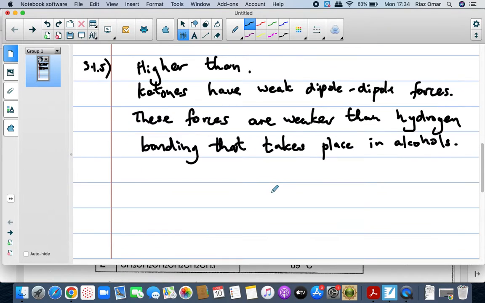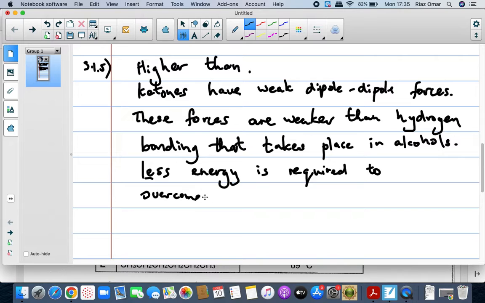We must also talk about energy. Energy is required to separate, to overcome, the weak intermolecular forces. Okay, so that will be the answer to 3.1.5.